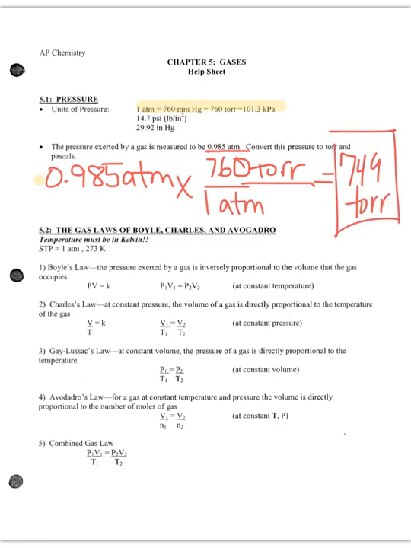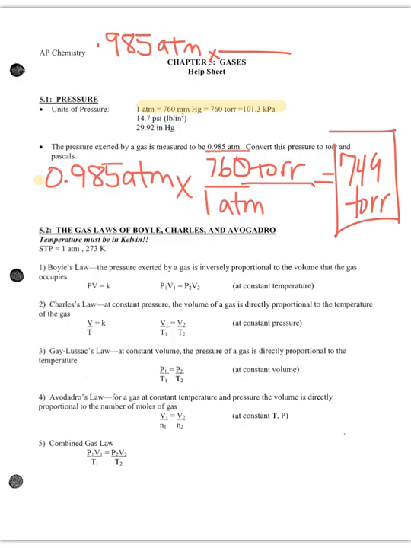Now what you want to do is convert from atmospheres to kilopascals. Same idea. Start with the 0.985 atmospheres. This time we're going to kilopascals. It says pascals, but you can use the kilopascals. It's okay. It's just a form of the pascal.